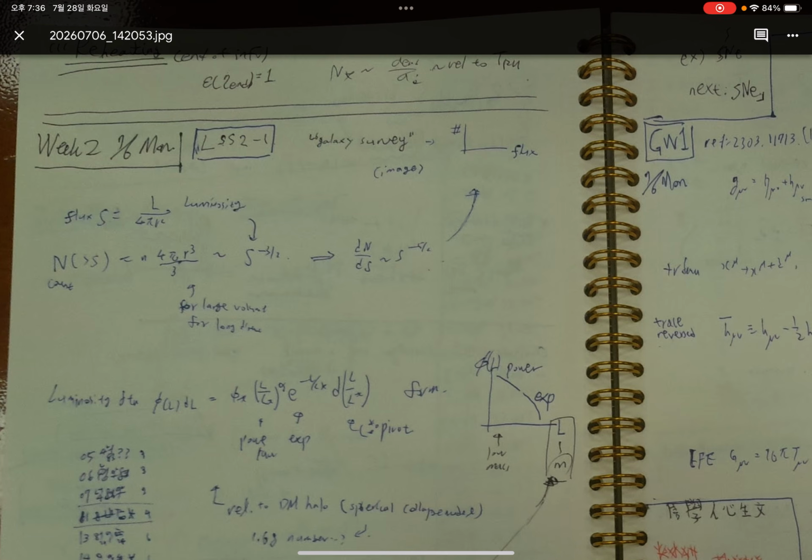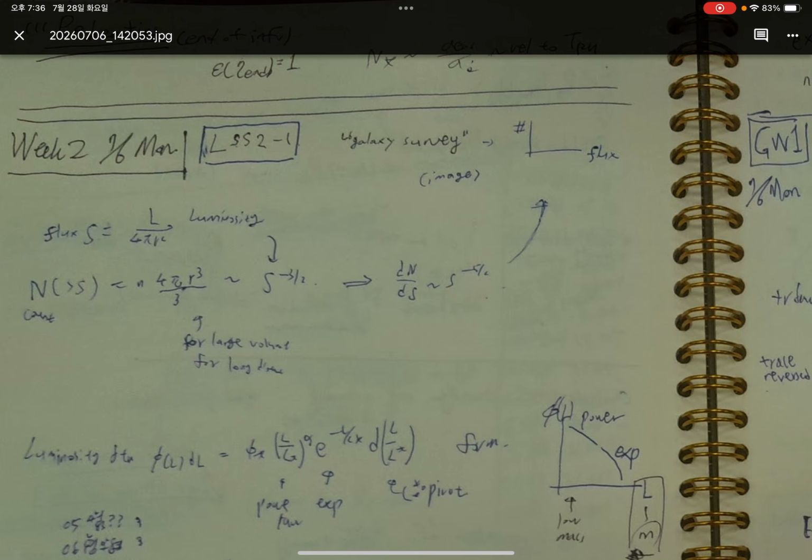That's just the image. We can count the number as a function of the flux. The flux is reduced when the light comes from distant sources, but the luminosity is the absolute value.